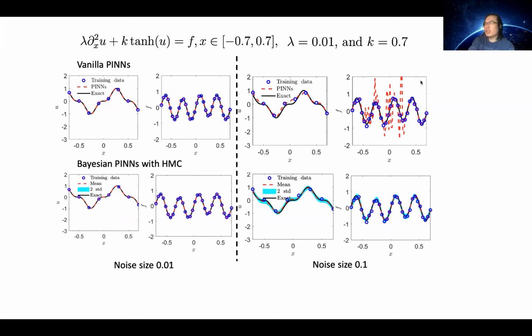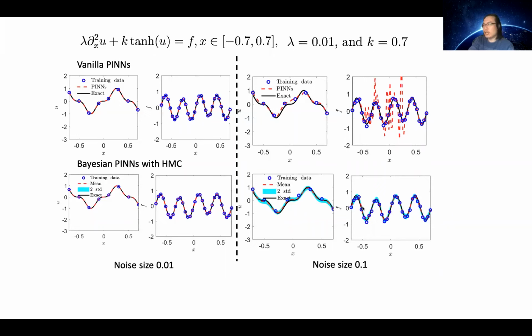This is actually the inverse problem, so we want to infer k. I didn't put it here because I don't have space. But the point is, in our paper, you can see that the inferred k is also very bad for vanilla PINNs, but very good for Bayesian PINNs.